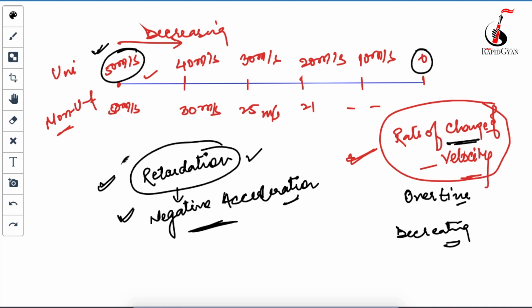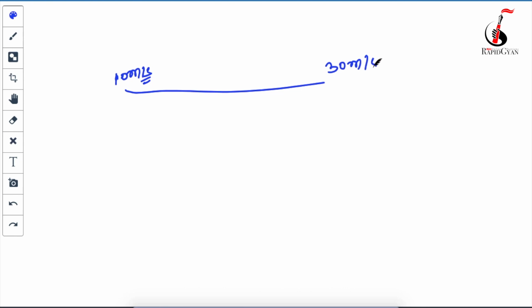Okay. Now we will check what is going to be the formula. Suppose you are traveling somewhere and your initial speed was 10 meter per second, and after that it became 30 meter per second. So you will have to find out what is your initial velocity and what is your final velocity. Initial means when you are starting your motion, at that time your velocity is called initial velocity.